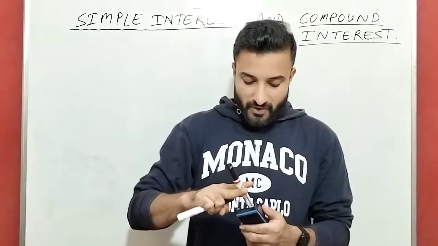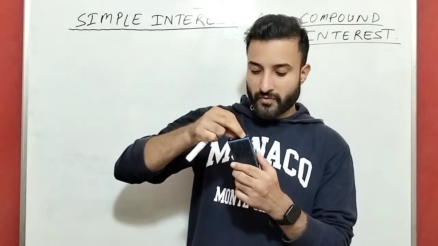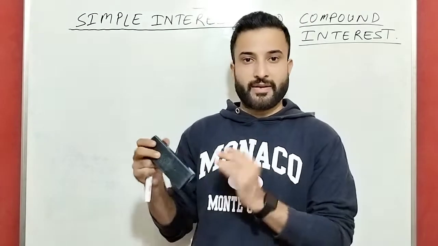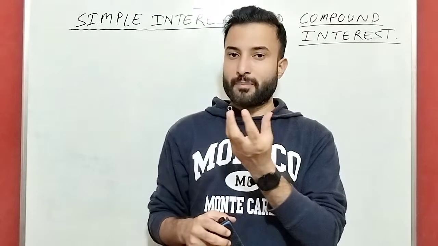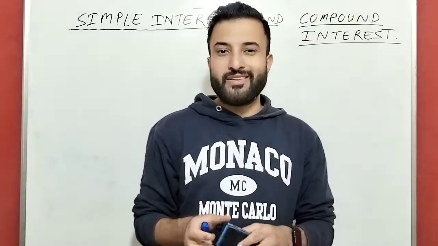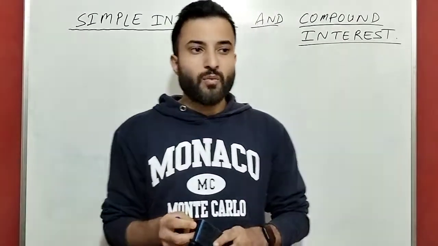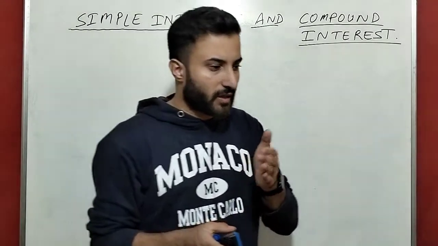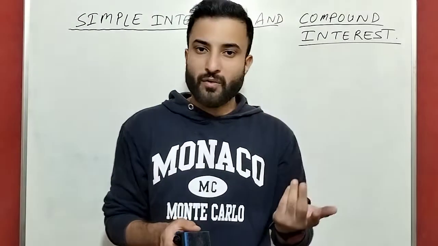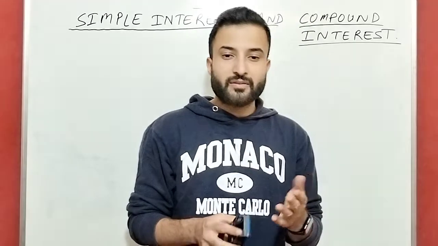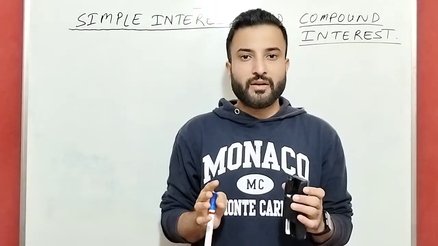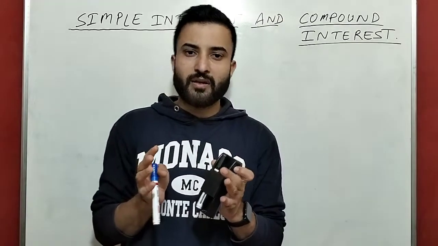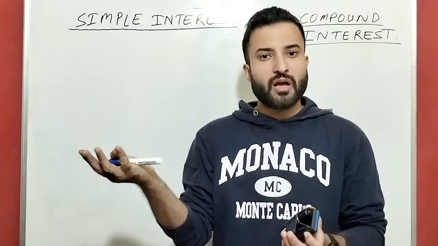Now we will start from the beginning, because if you know the basics, it will be very easy. Students face difficulty in annuity about which formula to apply when. The simple reason is that if you know the concept properly, it becomes very easy to apply the formula.